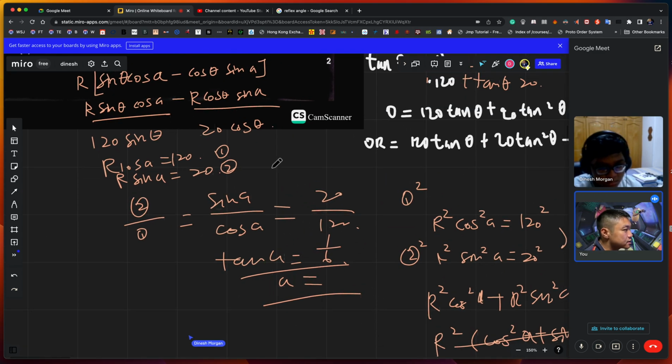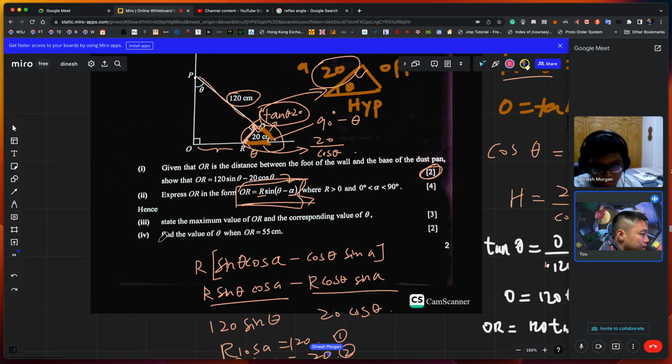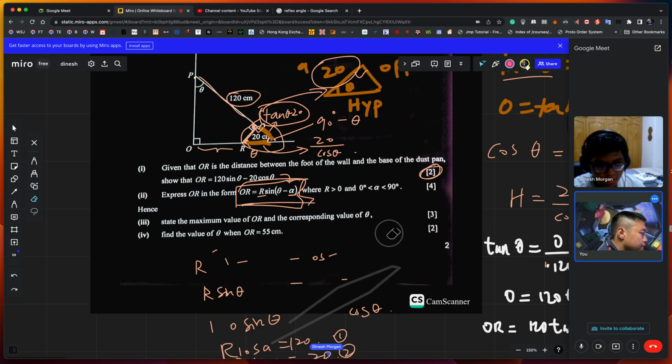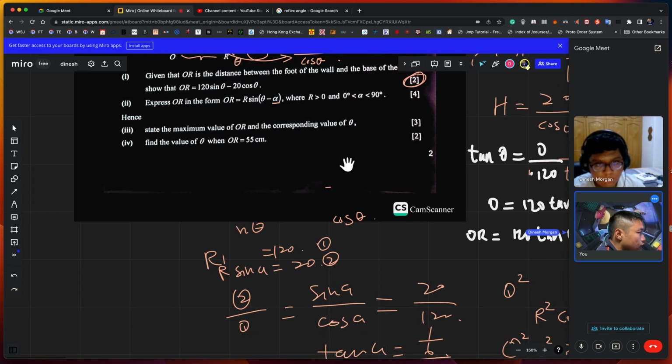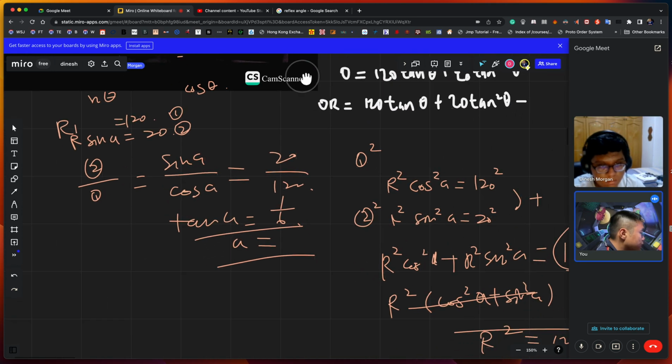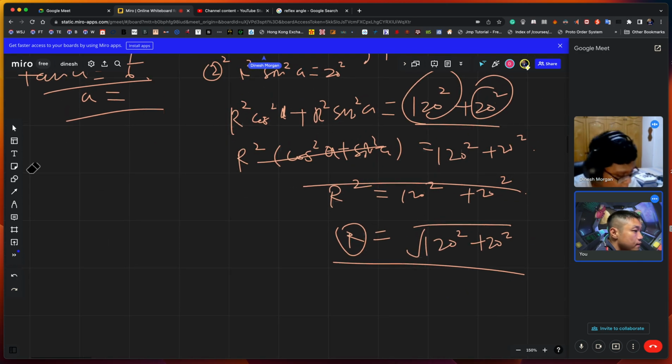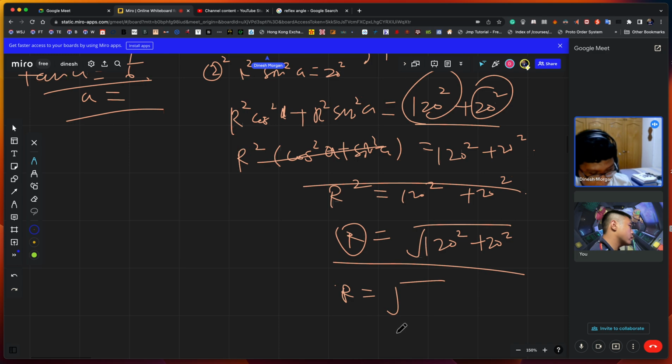Okay? Good. So that's how you get this one. Then let's take the maximum value of this. I think it's pretty easy to get the maximum, right? Can you help me find out what R is? Because we need it for the part below. Give me in terms of square root.